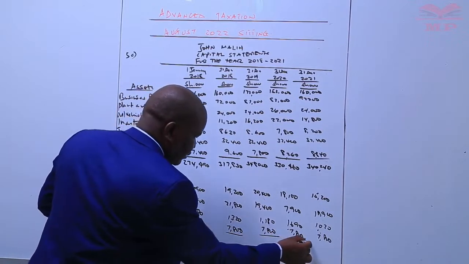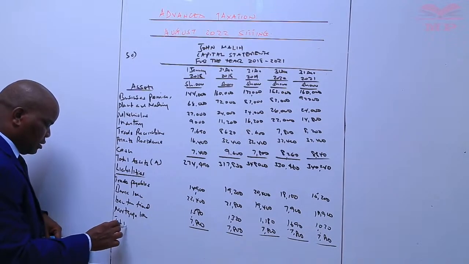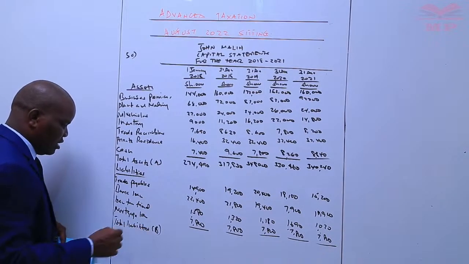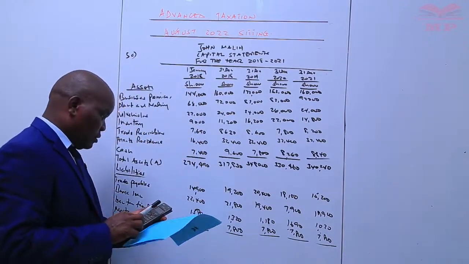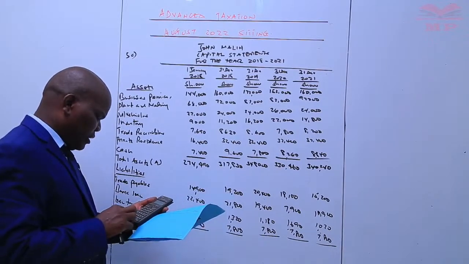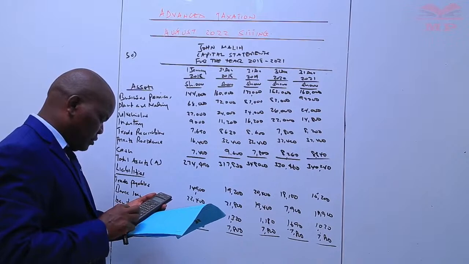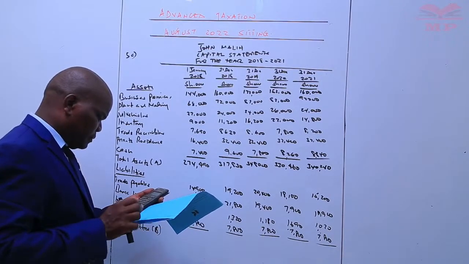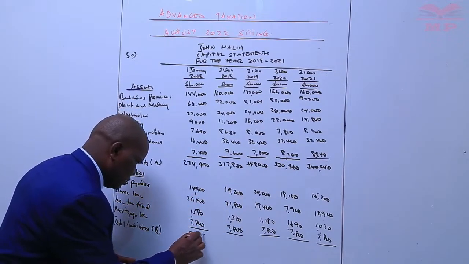So the next thing we do is to get total liabilities for each case. We can mark it B for illustration purposes. So we move together. Here, 2018 January, we have 14,900, 22,400, 1580, and 7,800. I'm getting 46,680.